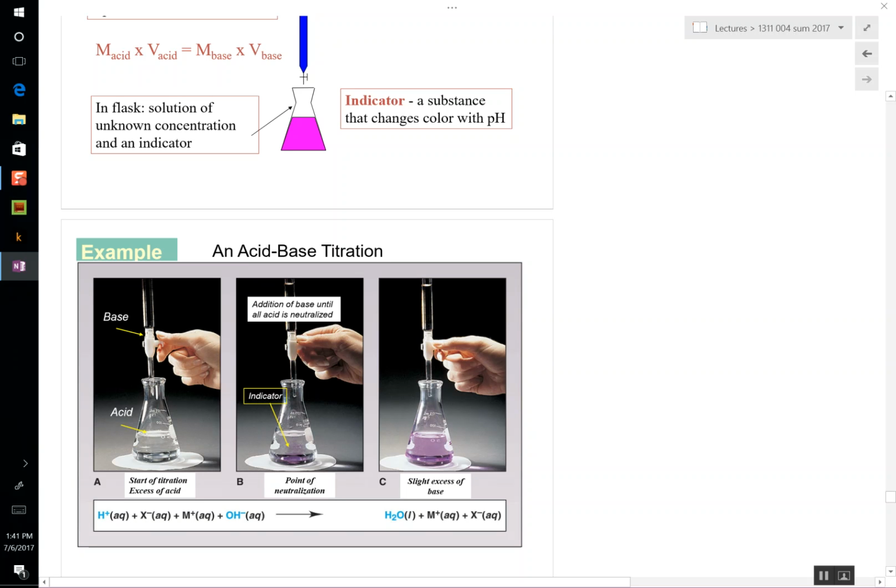Chapter 4 packet will be due on Tuesday, and there might be another problem in there. The one underneath it, oxalic acid, may also be diprotic. And then we'll dive into the next chapter, and what is the next chapter? I think it's the gas laws. So be ready for that when you come Tuesday. Yeah, chapter 9, gas laws.